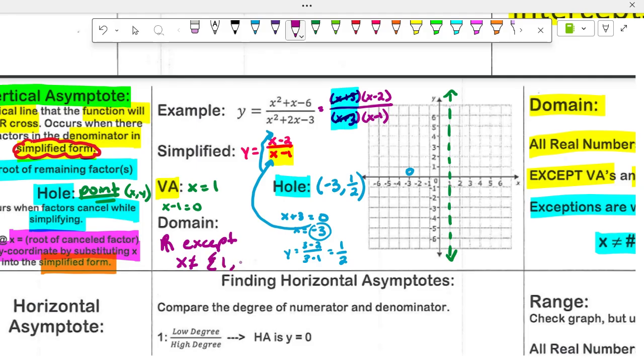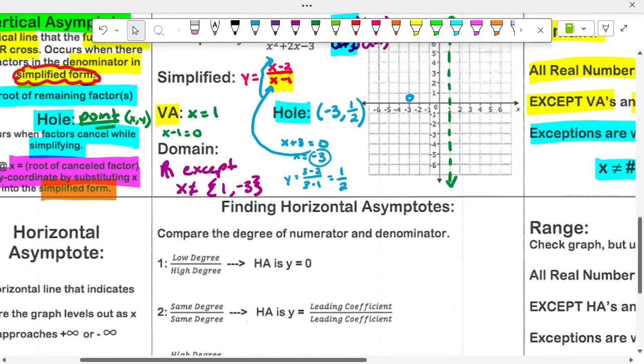And x cannot equal what? What's the x value of the hole? Negative 3. So that's how we write our domain. You just say all real numbers except x cannot equal whatever the x values of the vertical asymptote and the hole are. Because those are the only two values that don't work.